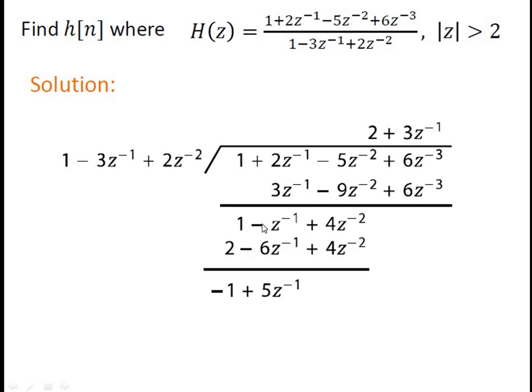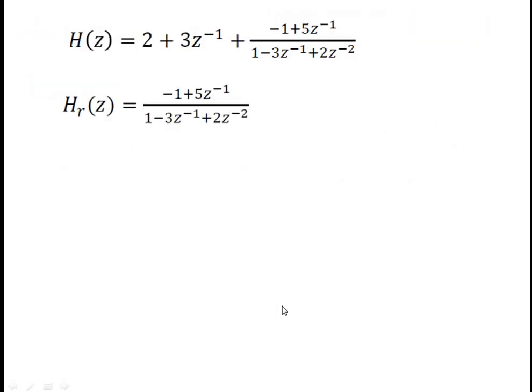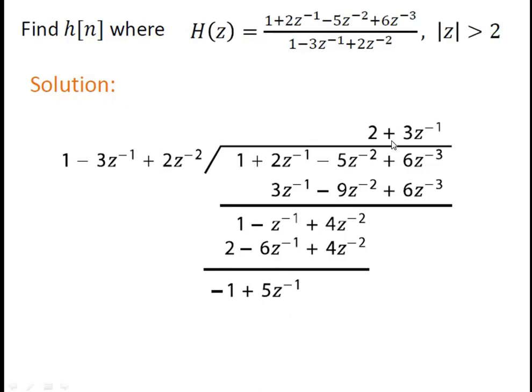Here we are going to often check the value of z. After doing the division, we have some remainder. Now we can check: here it is the dividend, and here are the quotient and remainder. So the quotient here is 2 plus 3z inverse.